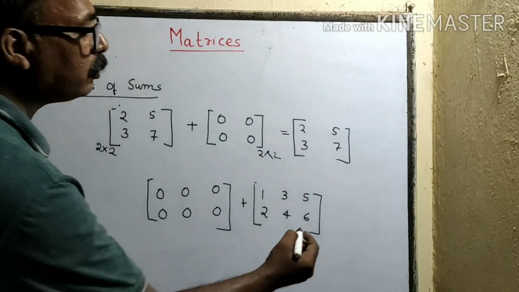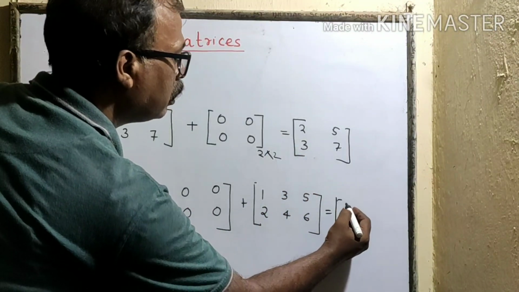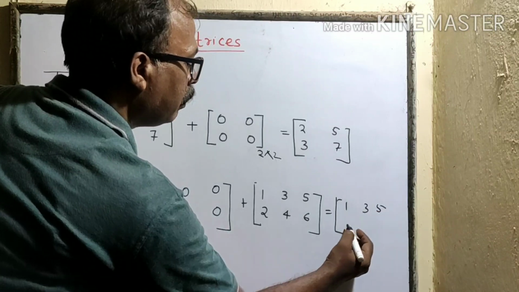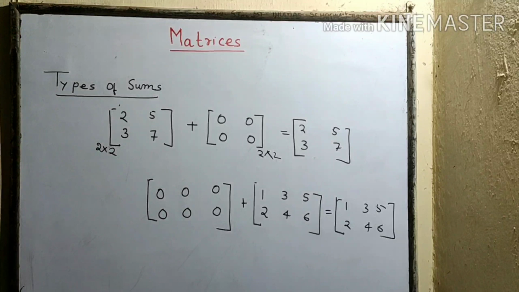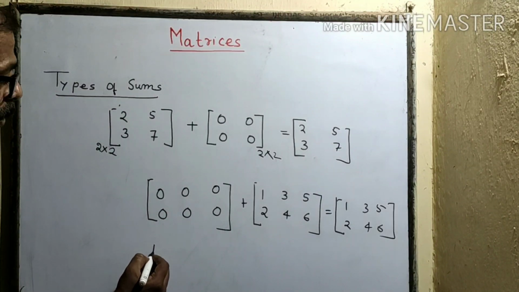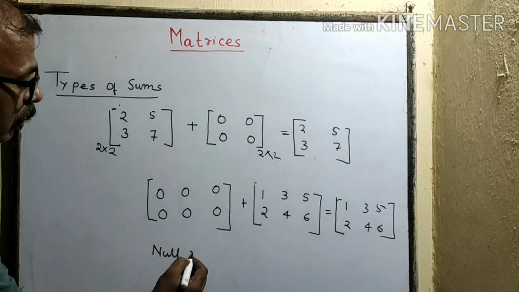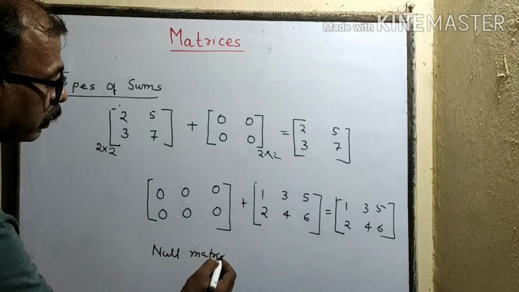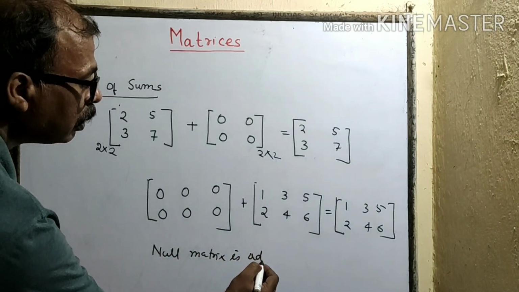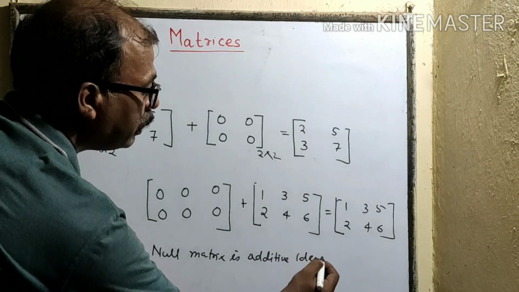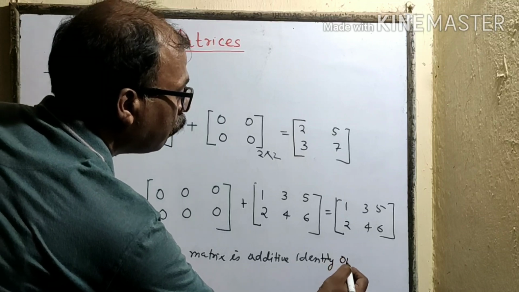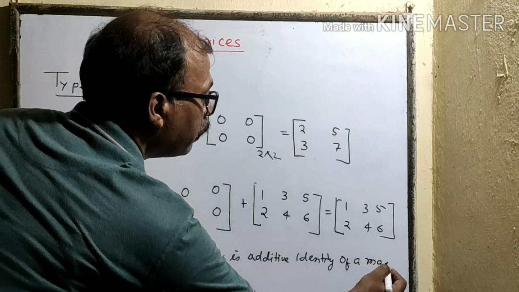Similarly, if this is added, the result will again come out as 1, 3, 5, 2, 4, 6. So addition of a null matrix to any matrix does not change the result. Hence we say that the null matrix is the additive identity of a matrix.